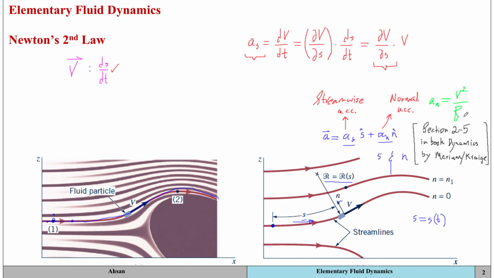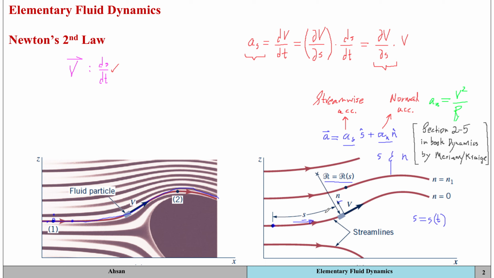So you can go ahead and review this concept of normal acceleration from section 2.5 in the book titled Dynamics by Meriam and Craig. So these are the basic concepts that you need in order to apply these along the streamline or normal to the streamline and find out Bernoulli's equation.